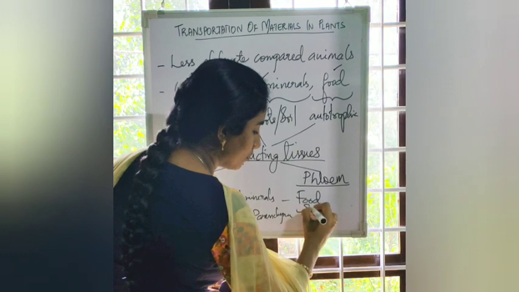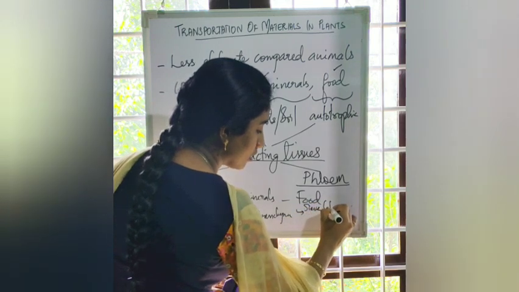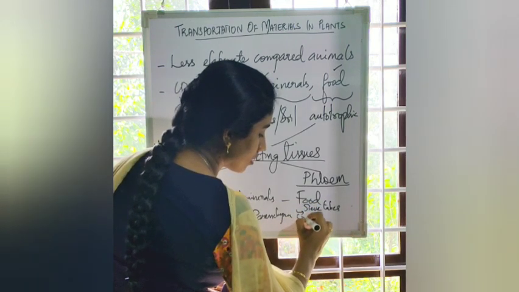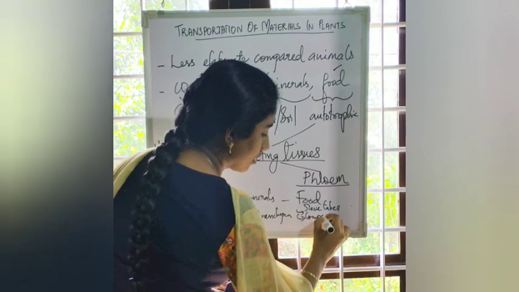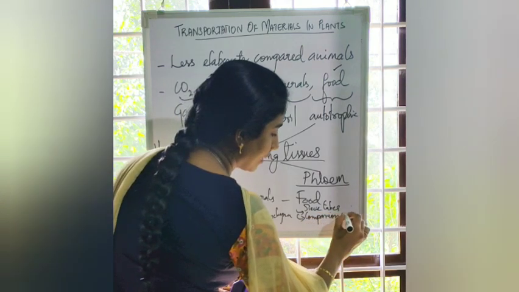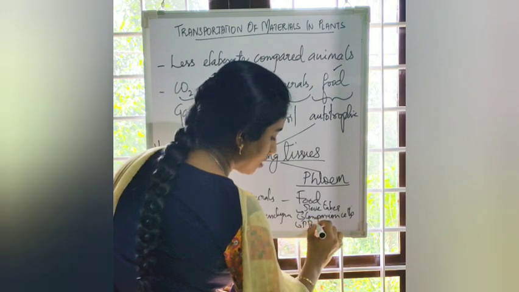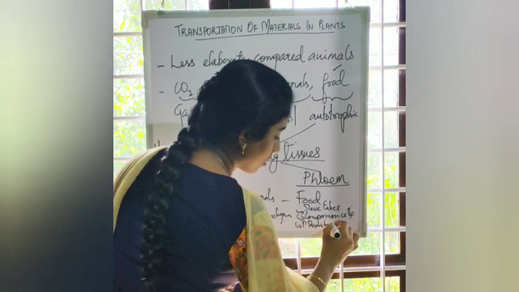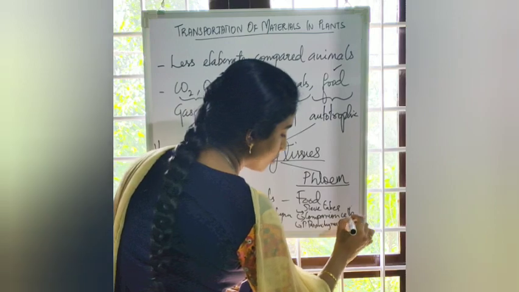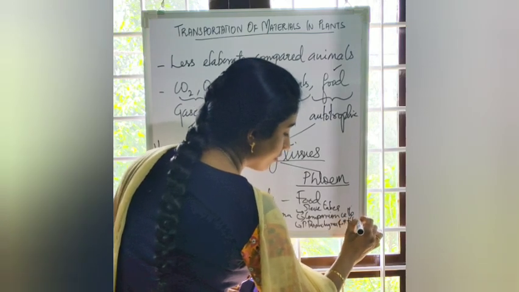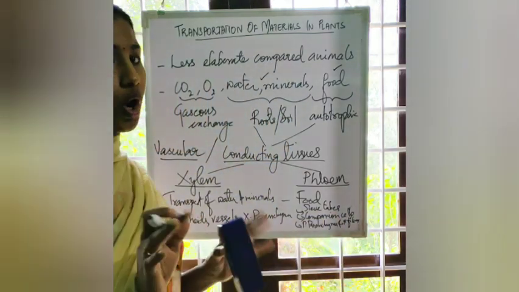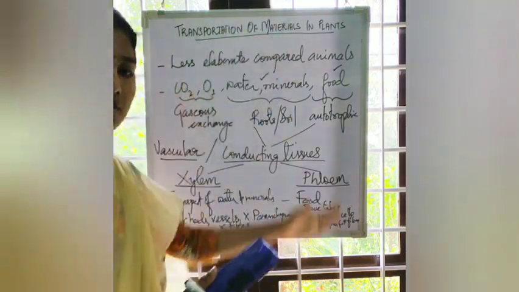Phloem is made up of sieve tubes, companion cells, phloem parenchyma and phloem fibers. This you already know. So I hope you have understood till here.